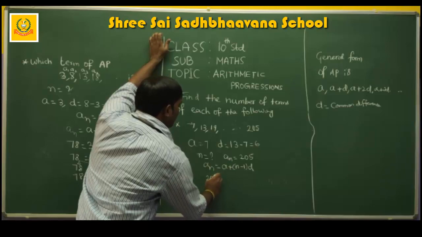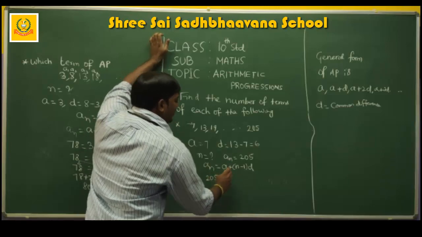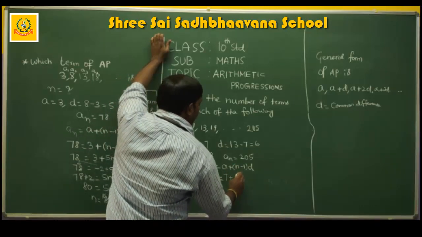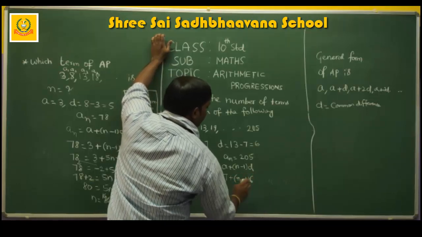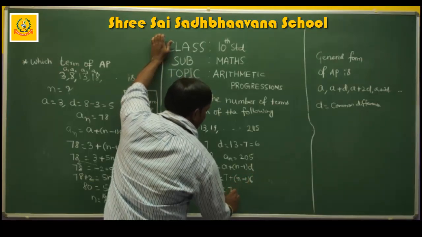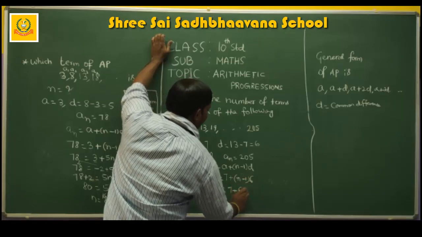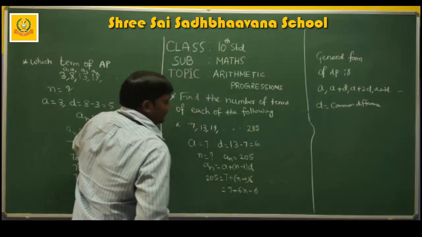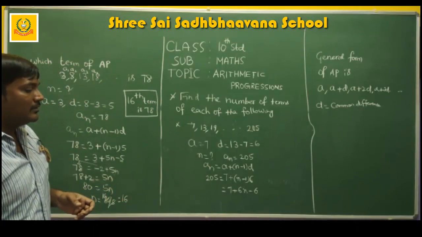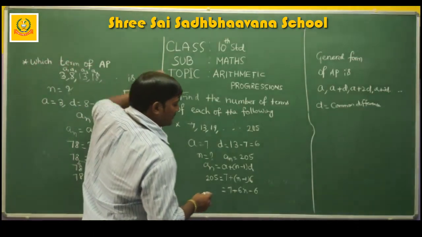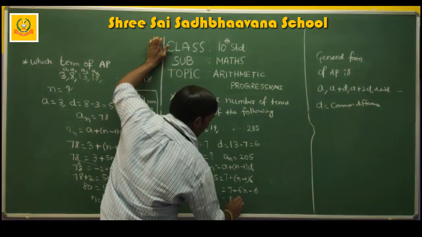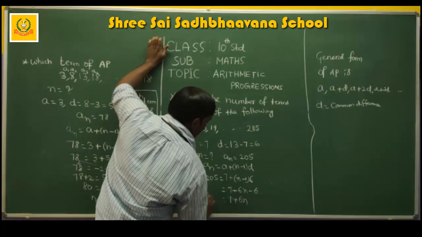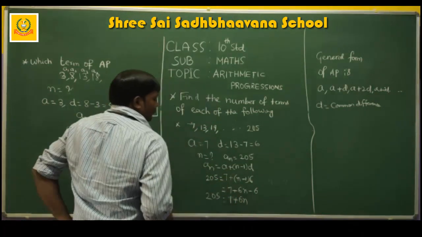Substitute here. 205 is equal to a is 7 plus n minus 1, because we don't know the n value, into d. d is 6. So same as the last problem, 7 plus 6n minus 6. Got it? 7 plus 6n minus 6, which will give you 7 minus 6 is 1, plus 6n is equal to 205.